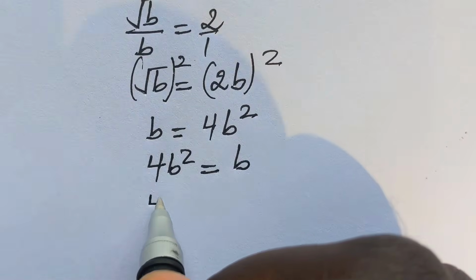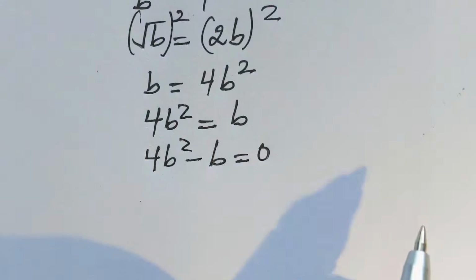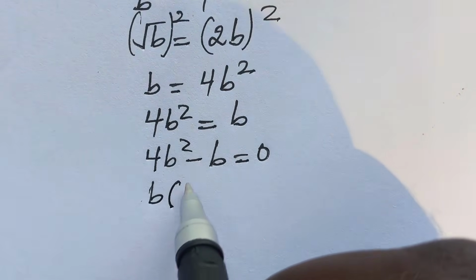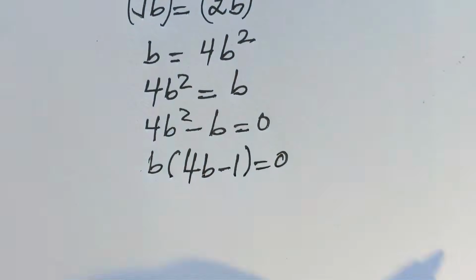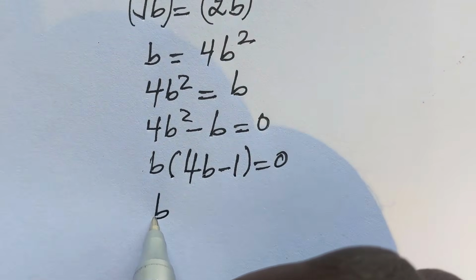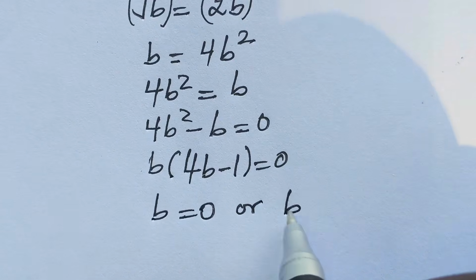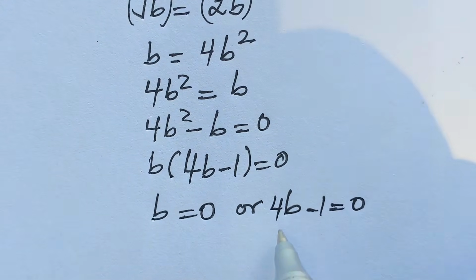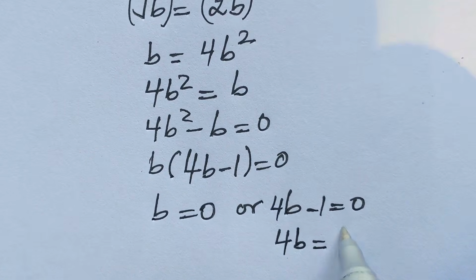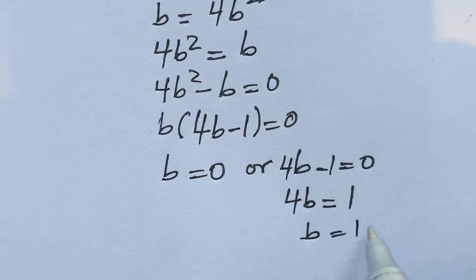And of course 4b squared minus b equals 0. Factorize b out to get b times 4b minus 1 equals 0, and here b will be 0, or 4b minus 1 equals 0, so 4b equals 1, so b will be 1 over 4.